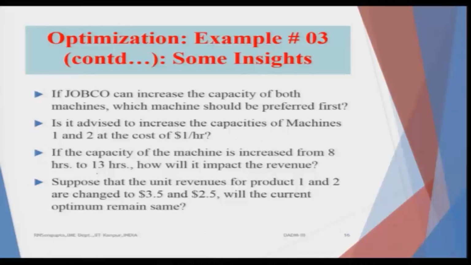We will also consider whether it is advised to increase the capacities of machine 1 and 2 at the cost of $1 per hour. That means the constraints shift away from the origin and further into quadrant 1, for both constraint 1 and constraint 2.